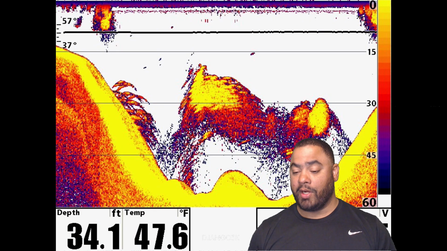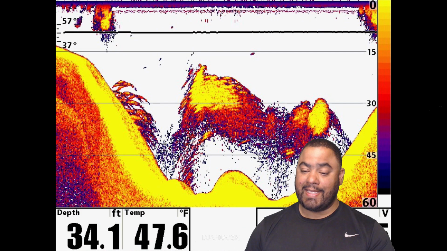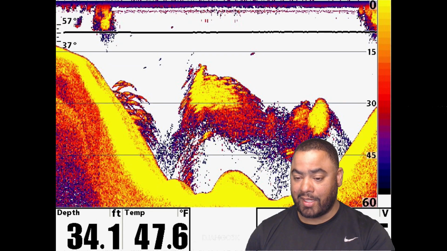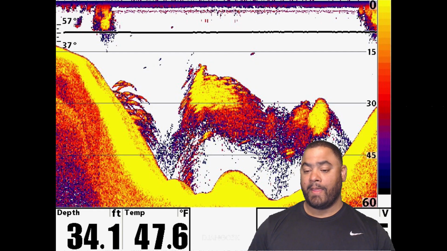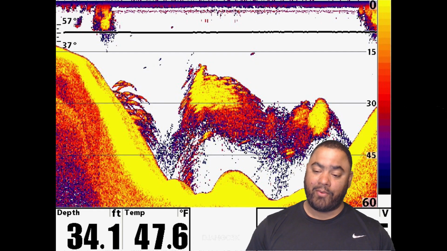Most people want to know, when they see material or objects that look like they're floating in the water part of the graph, what is that representation?